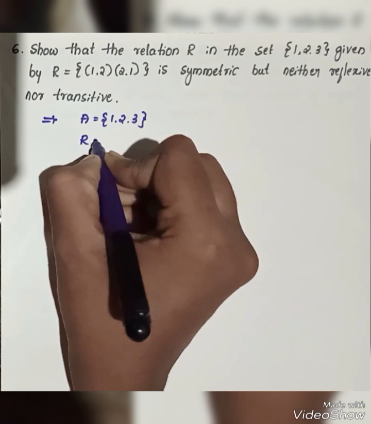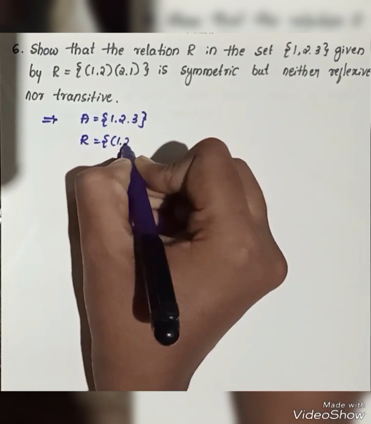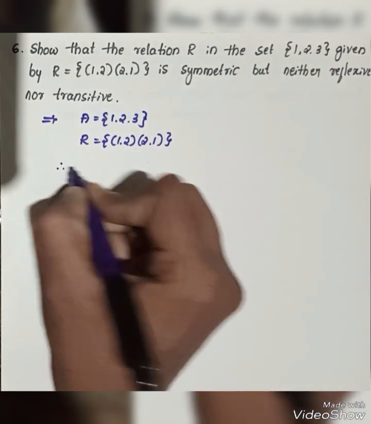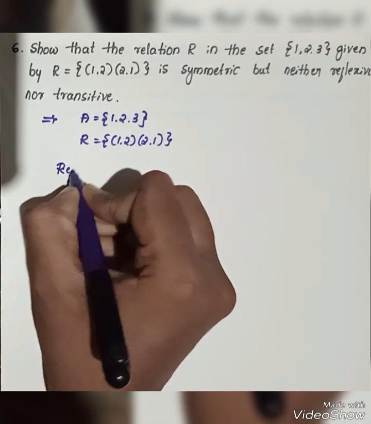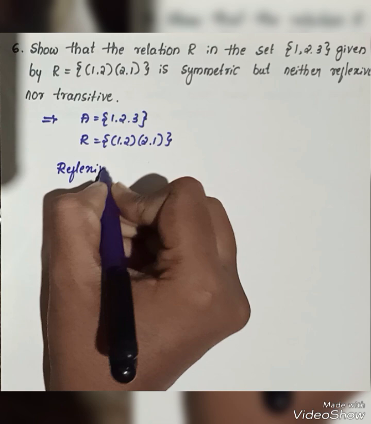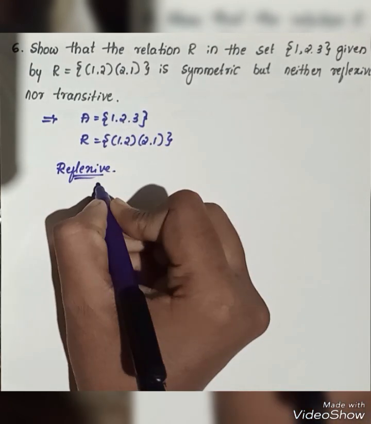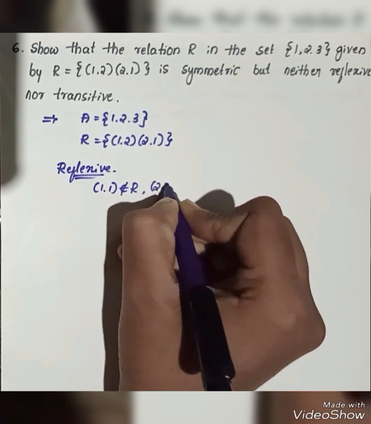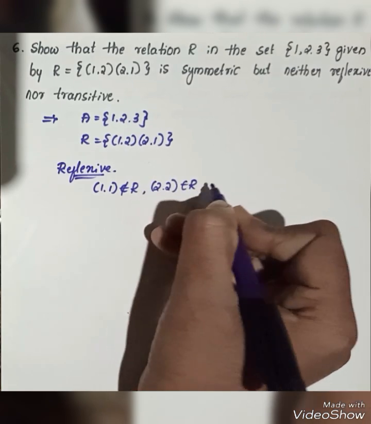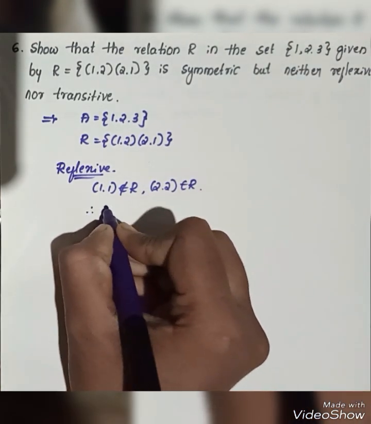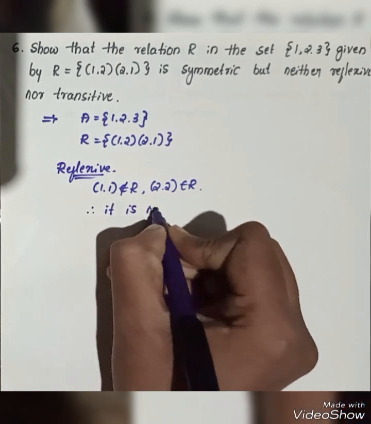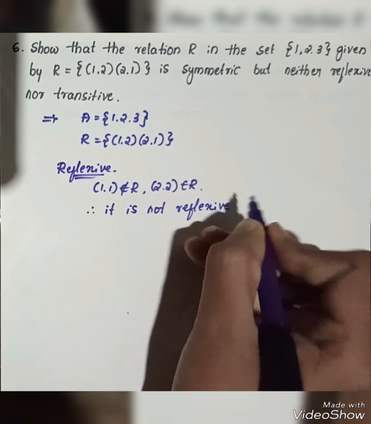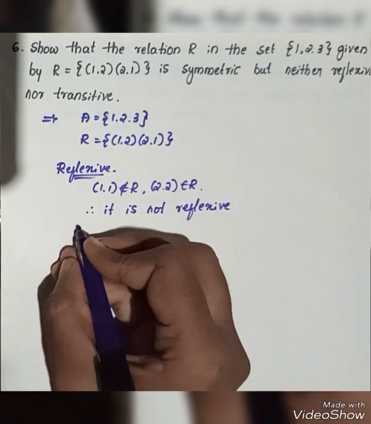Then the relation R is equal to {(1, 2), (2, 1)}. Simply say the first condition, reflexive. (1, 1) does not belong to R. Again (2, 2) does not belong to R. It is not reflexive.